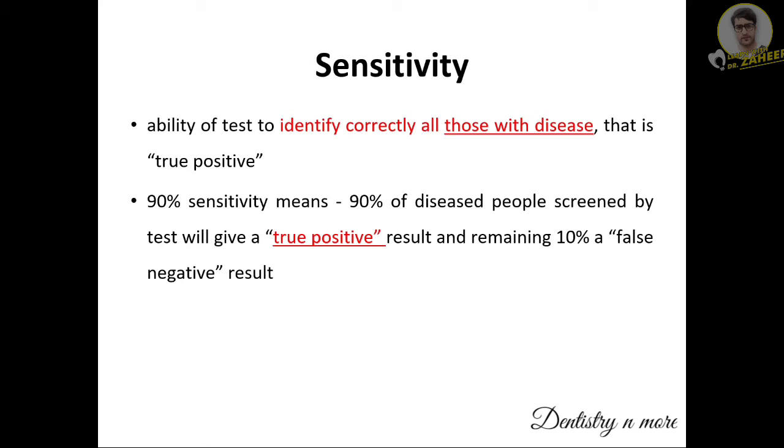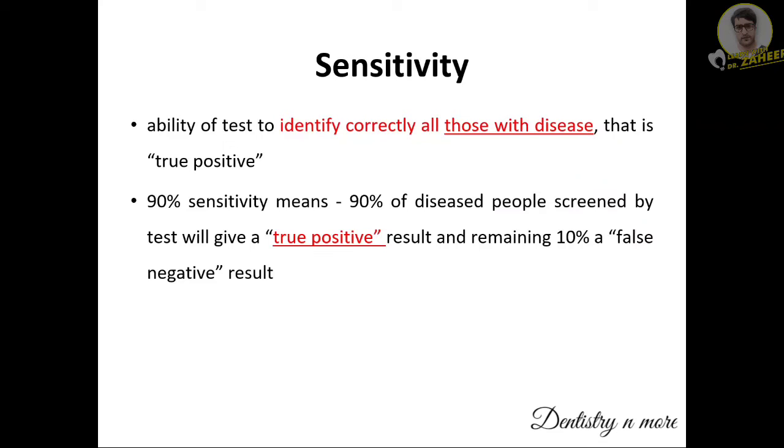So sensitivity is the ability of a test to identify correctly all those with disease, that is true positive. 90% sensitivity means 90% of the diseased people are screened and give the positive result, and 10% will be false negative. That means if in a population of 100 diseased people the test gives 90 positive results, it is saying that out of 100, 90 have disease.